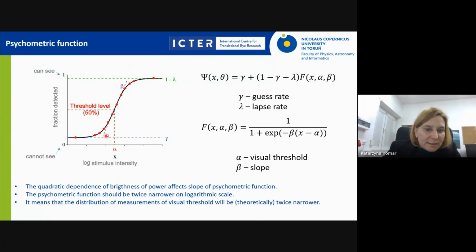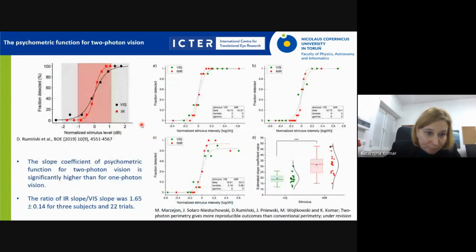So it means that the distribution of possible thresholds is also narrower. When you are measuring thresholds, you do not always obtain the same value, but you obtain some distribution of thresholds in this region. This distribution should be twice as narrow, and it means that the accuracy of visual threshold determination would be higher for that kind of process.